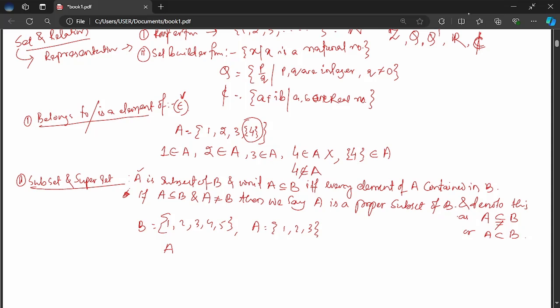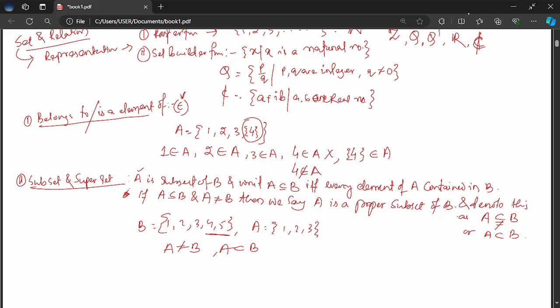We will do this equality of sets in our next section. So these sets are not equal because B contains 3, 4 and 5 and A only contains 1, 2, 3. Since A is not equal to B and every element of A is contained in B, I say A is a proper subset of B.